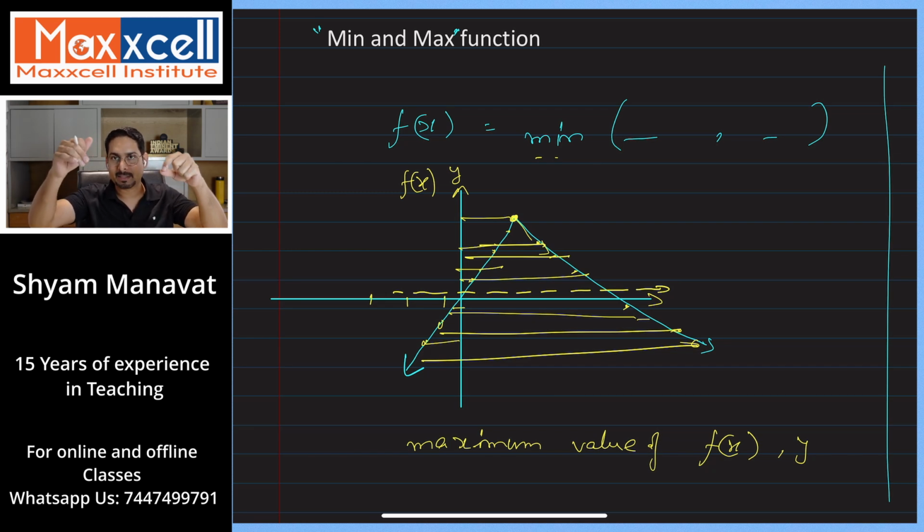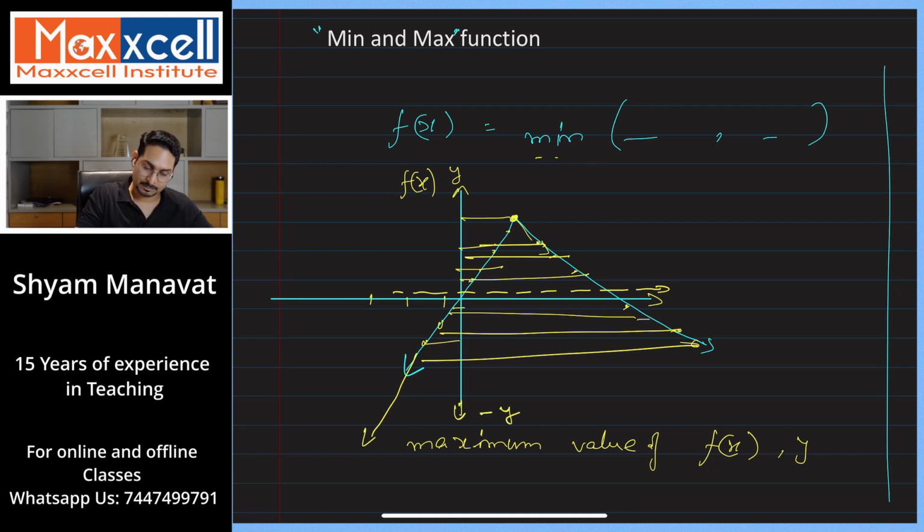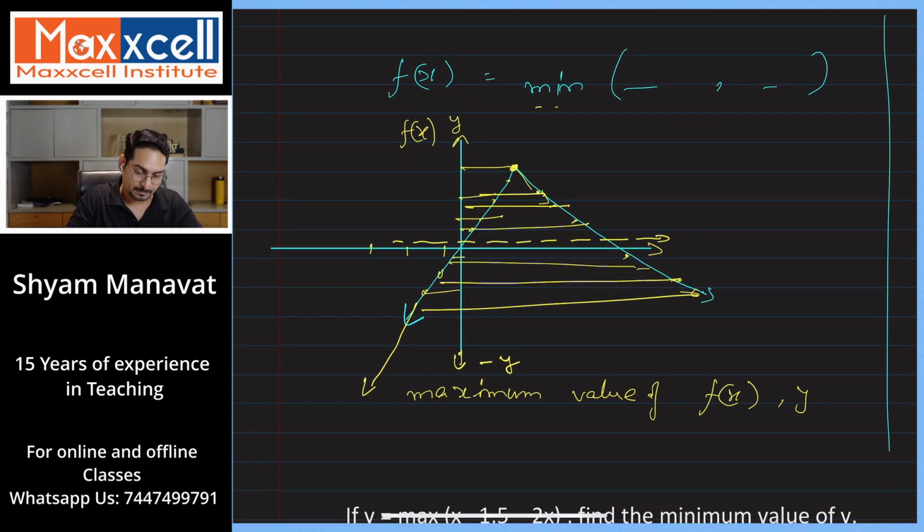That means the minimum value of y can go up till minus infinity. It will keep going down. So to find the minimum value of a min function is not possible, but to find the maximum value of a min function is possible.